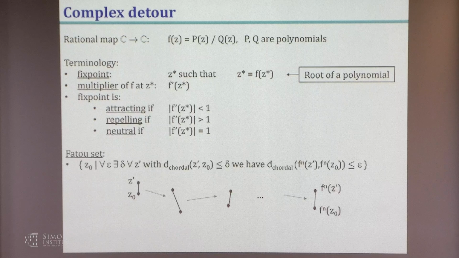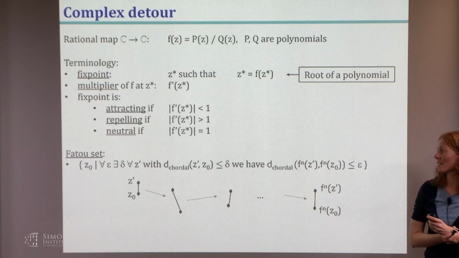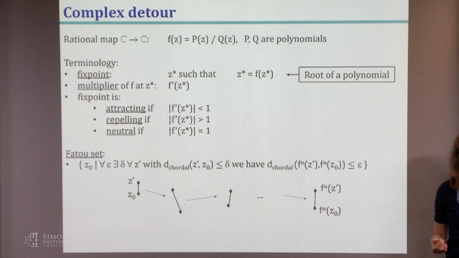And now we are going to use some theory of complex dynamics. So there is this notion of a Fatou set, which is intuitively points that start together, walk together.